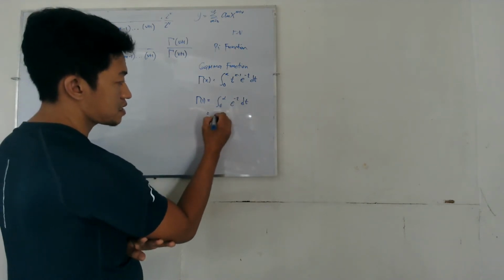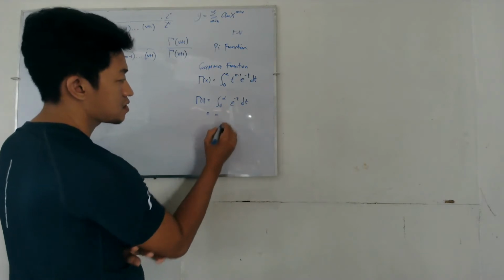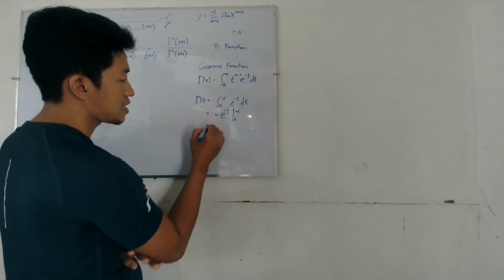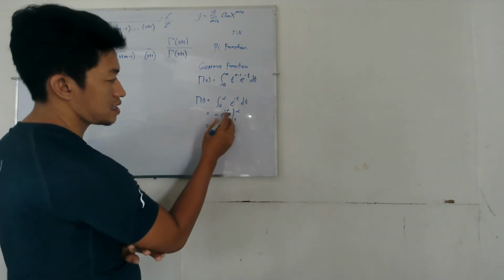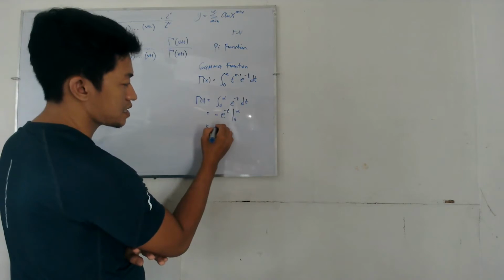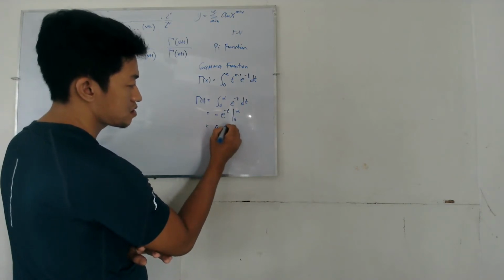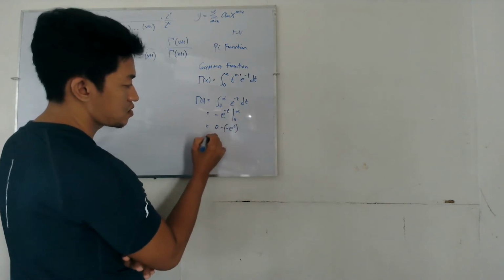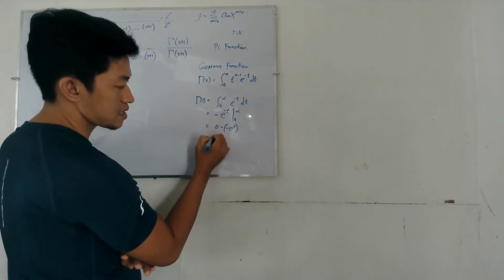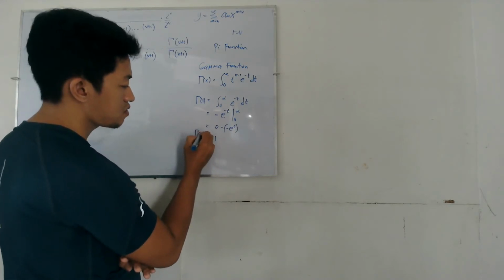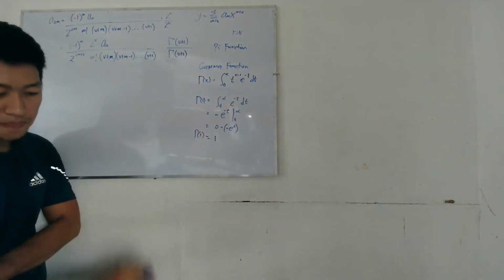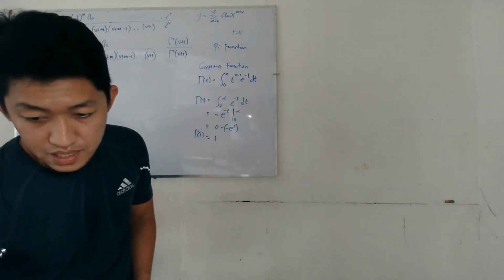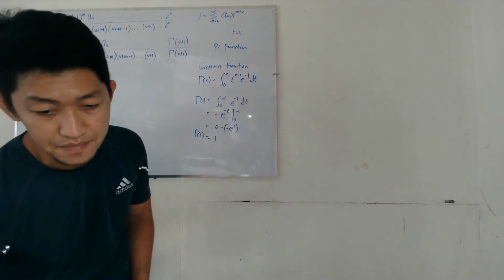Simplify this. The answer is negative e to the negative t from 0 to infinity. E to the negative infinity is 0, minus e to the 0. E to the 0 is 1, times negative, so it becomes 1. So gamma of 1 is 1.